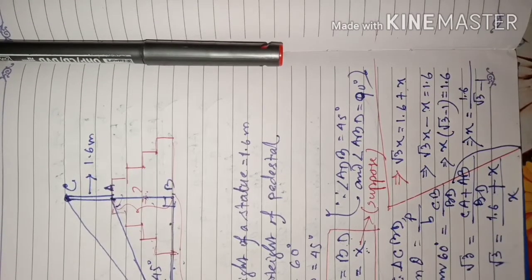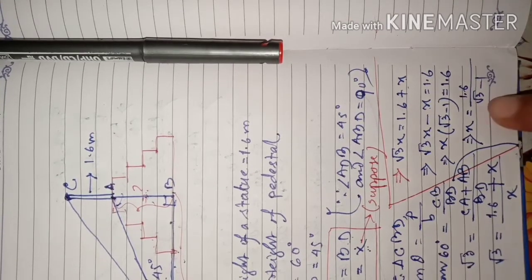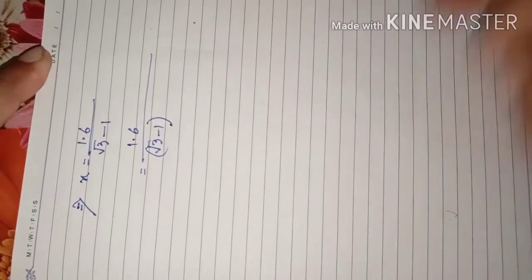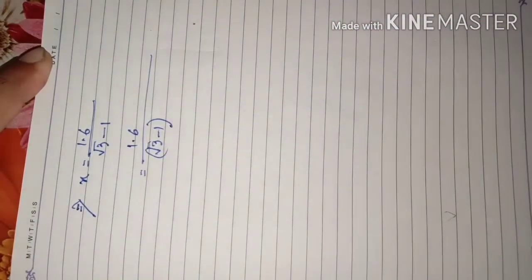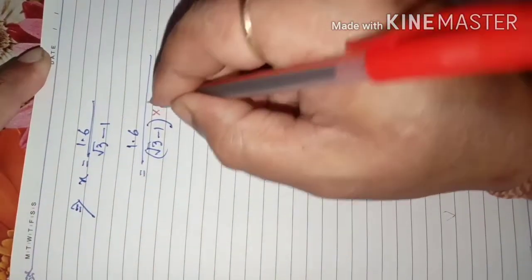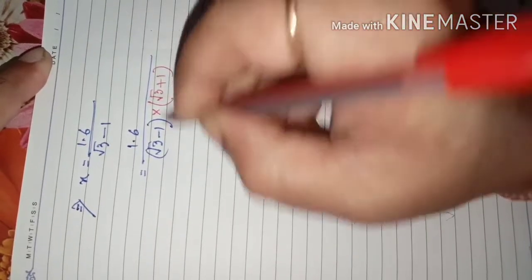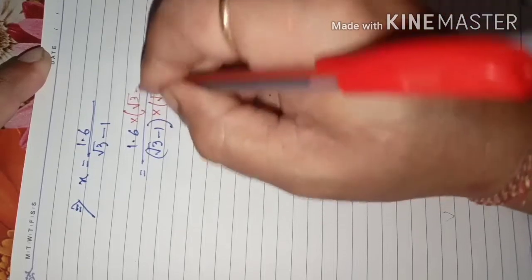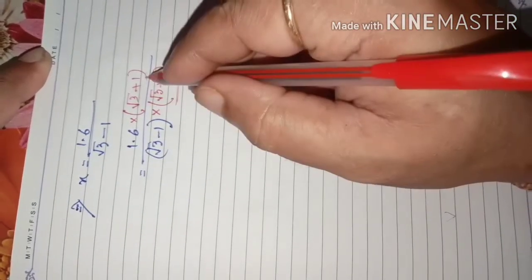Now we will rationalize the denominator, root 3 minus 1. To rationalize it, we need to multiply by root 3 plus 1, which we call the conjugate of root 3 minus 1. What we multiply in the denominator, the same thing we should multiply with the numerator.